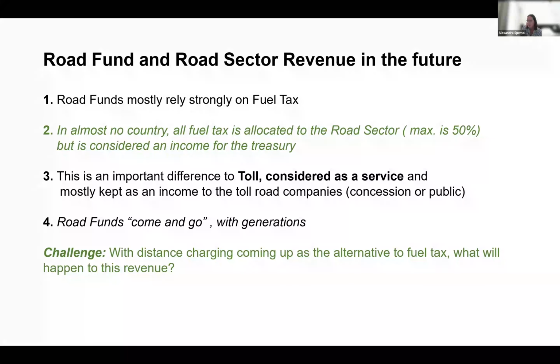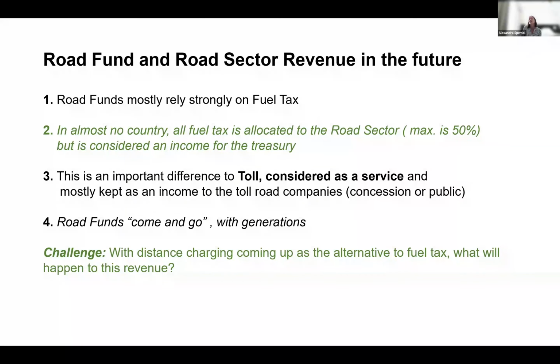Now, my question, which I find interesting in this respect, is when distance charging is coming up. We talked about truck tolling, but also free flow tolling. It's interesting to see how this will be considered. If it's an alternative to fuel tax, will it be considered as a tax, meaning a revenue to the government?